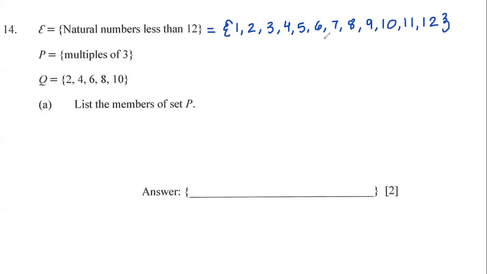Okay. That's the universal set. And it said less than 12. Less than 12 means that we do not include 12.